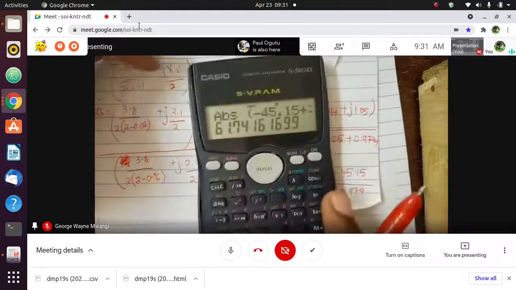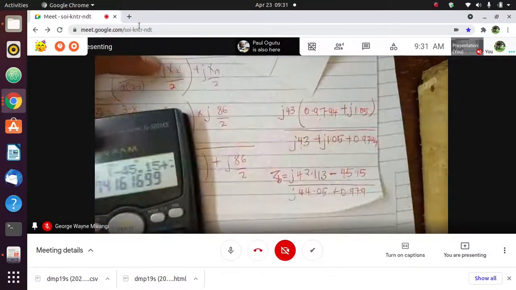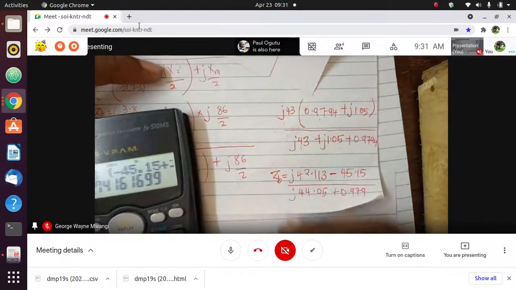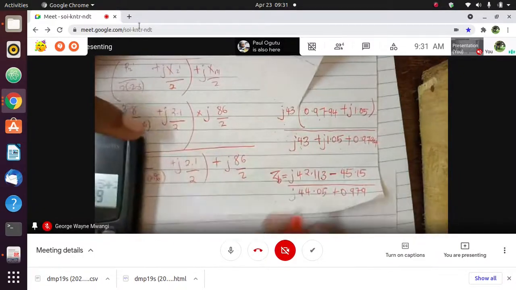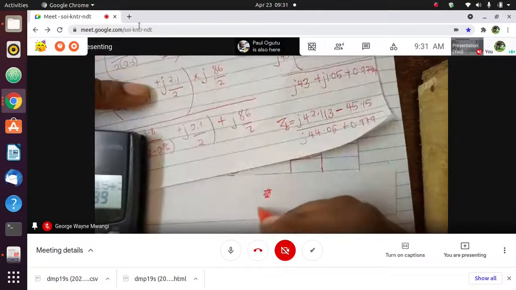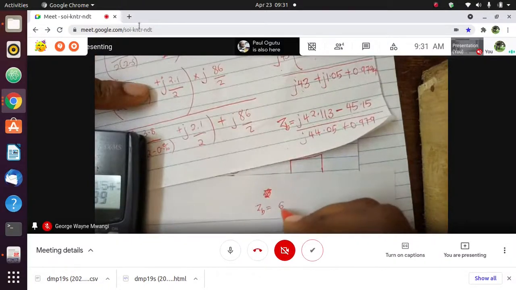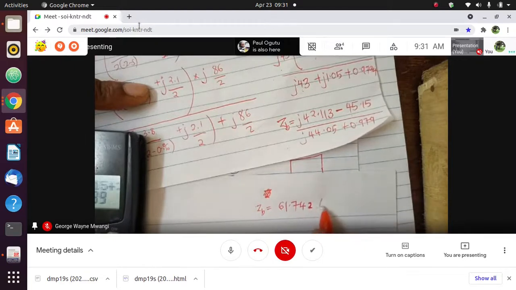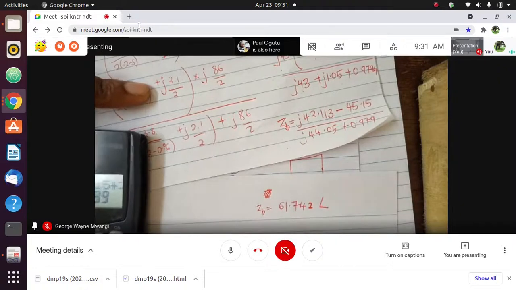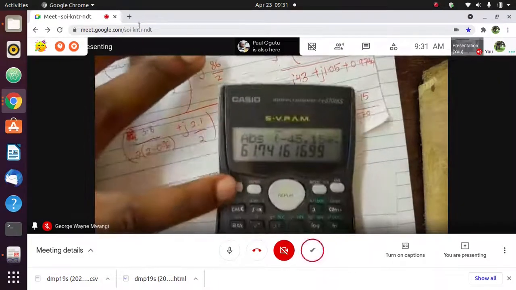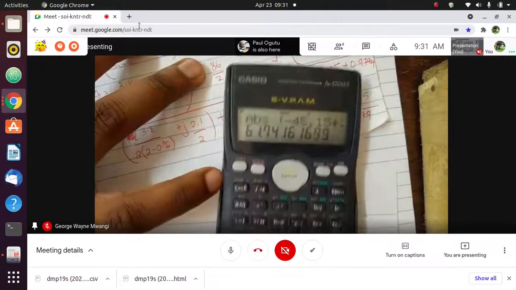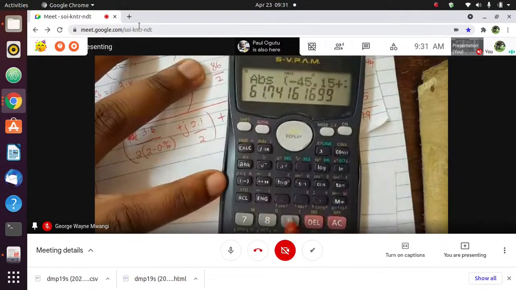That gives you the real value of that impedance. So ZB is equal to 61.742. We are changing it to polar form, so that is the magnitude. Now we find the angle. And how do we find the angle? Shift, argument.